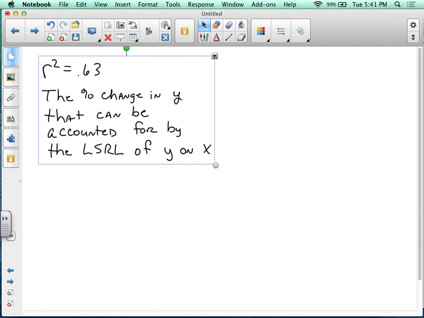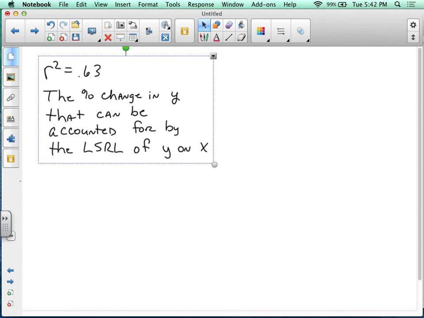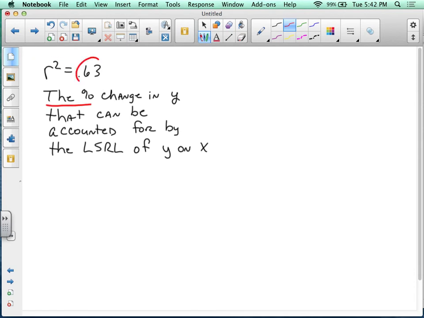Okay, so basically I'm going to fill in some points. The percent, we're going to change this to a percent. So 63%. Now the change in Y, think about your problem. We are talking about backpacks.